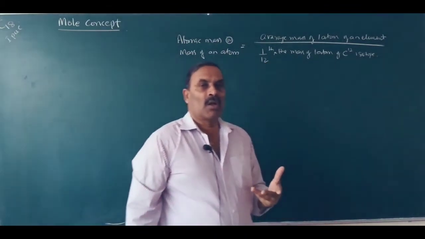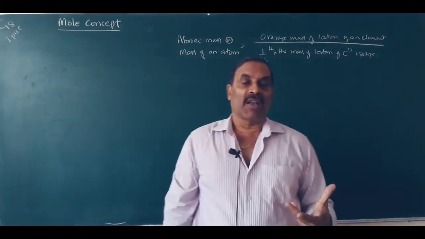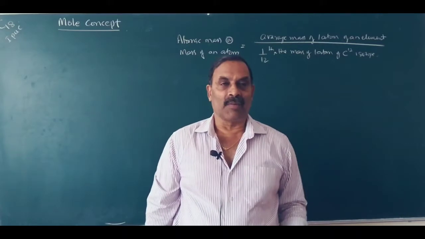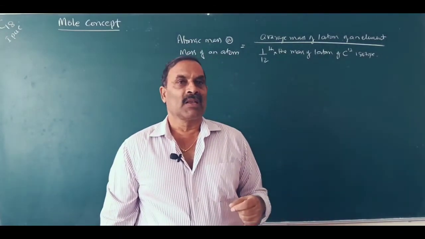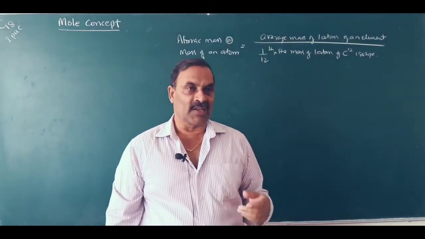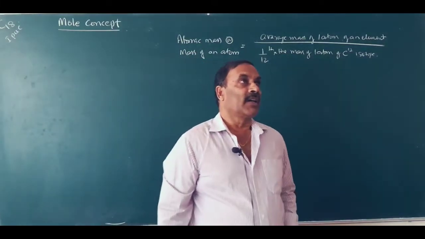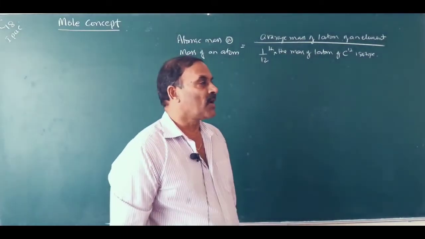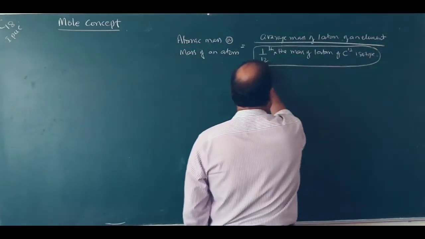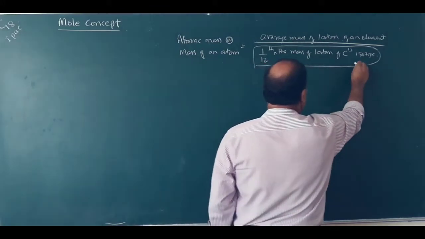Therefore, atomic mass of an element, or mass of one atom of an element, tells how many times the mass of one atom of the element is greater than one atomic mass unit. So, this is considered as one atomic mass unit.